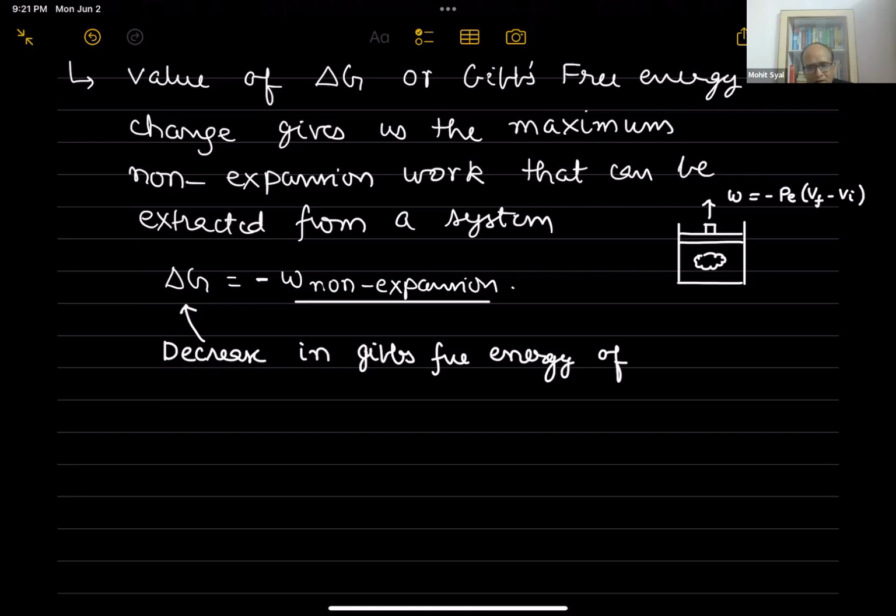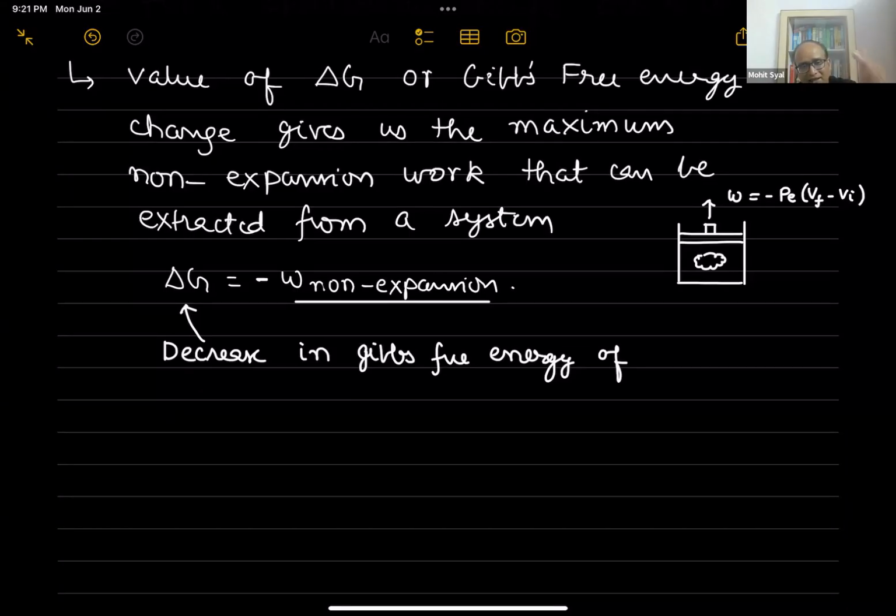This is expansion work. It is like when I'm pushing a table or something very heavy. The gas is pushing the piston. This will lead to a decrease in internal energy. But not all kinds of work are expansion. There are certain works which are non-expansion.